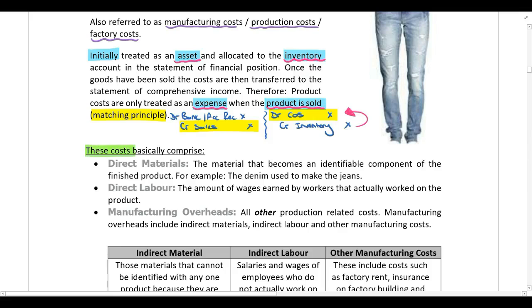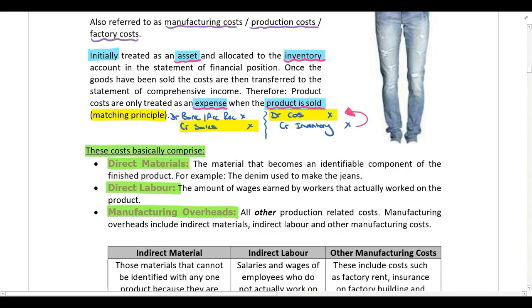Product costs are made up of three different types of costs: direct materials, direct labor, and manufacturing overheads. And these are the only three types of costs that can be classified as product costs and included in inventory valuation. All other costs will be classified as period costs, and they will be expensed in the period incurred.